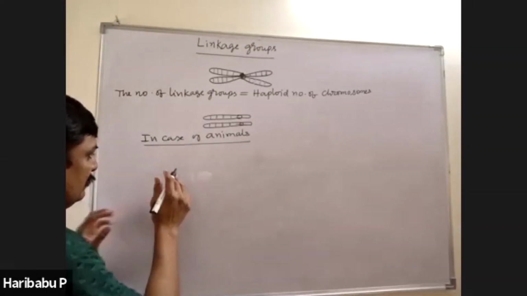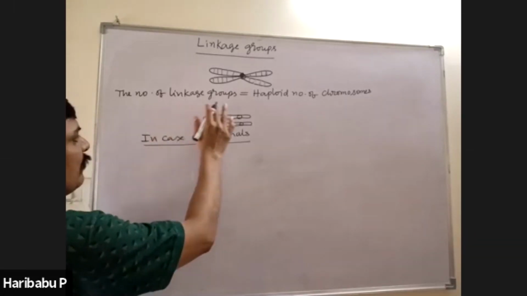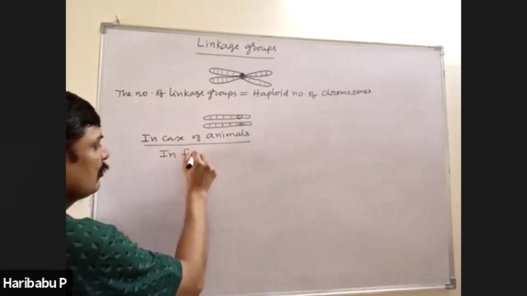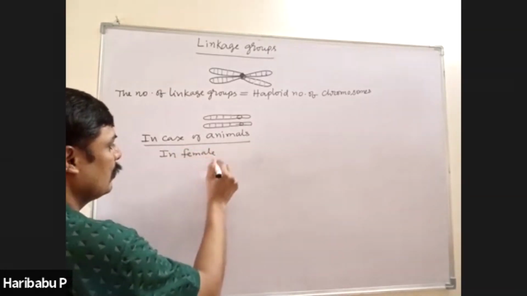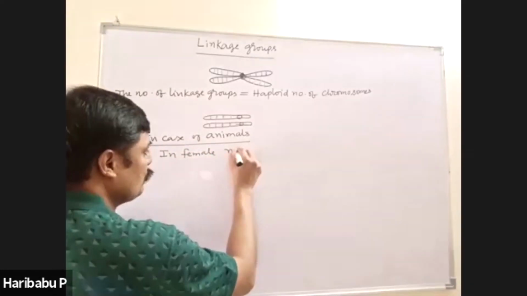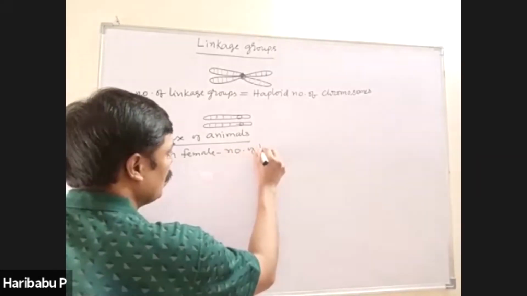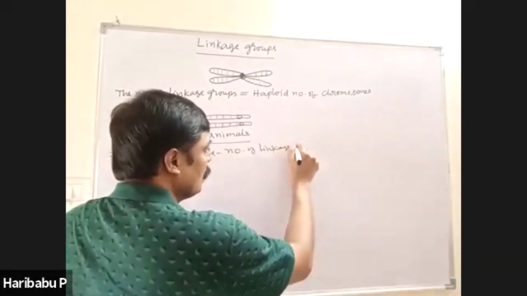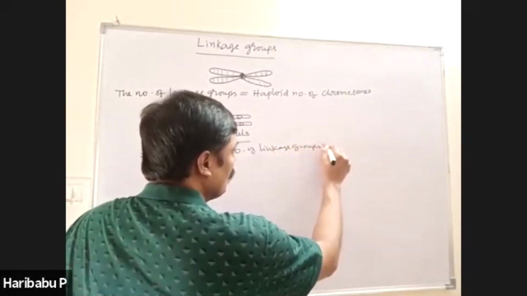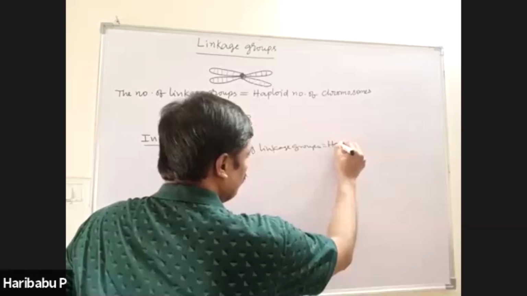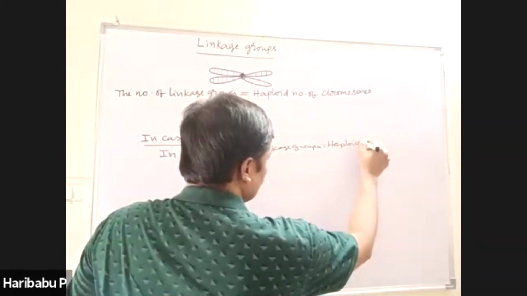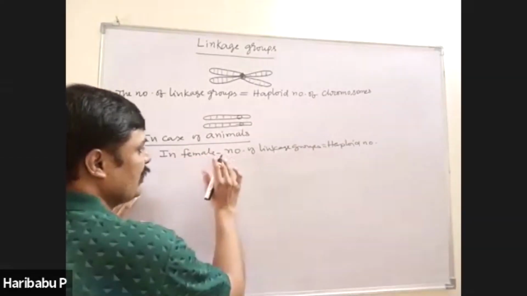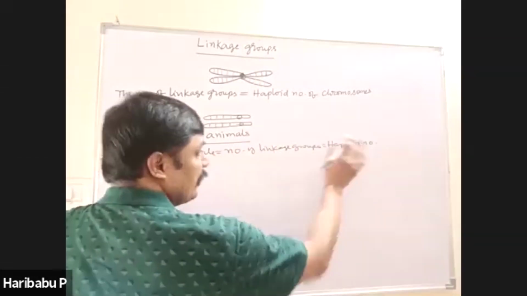In female, the number of linkage groups is equal to the haploid number. This is true. In female, the number of linkage groups is equal to haploid number.